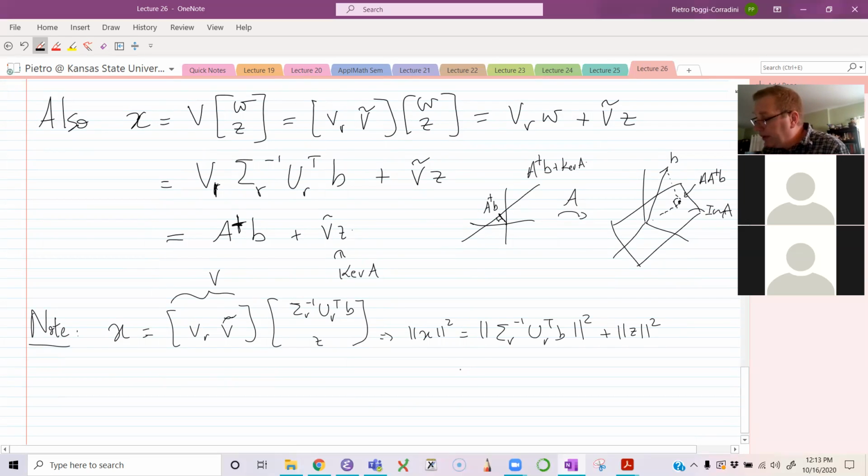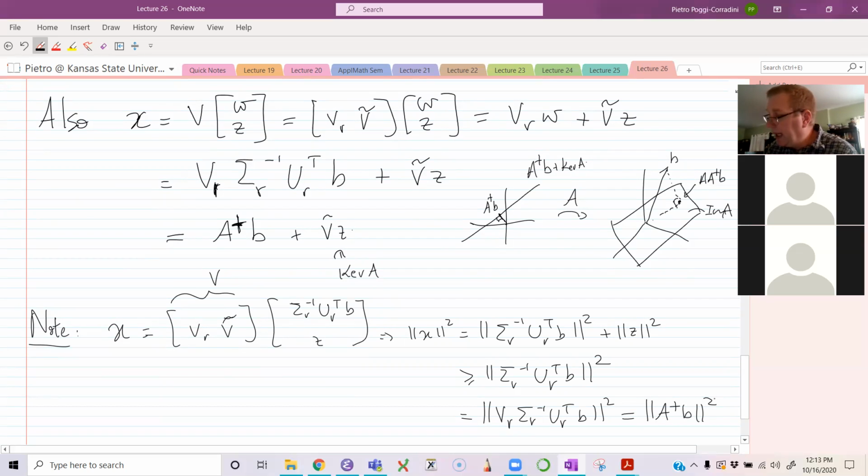But certainly this is always greater than sigma R inverse UR transpose B squared. And then, by orthogonality again, you can put in VR, which is A plus B squared.